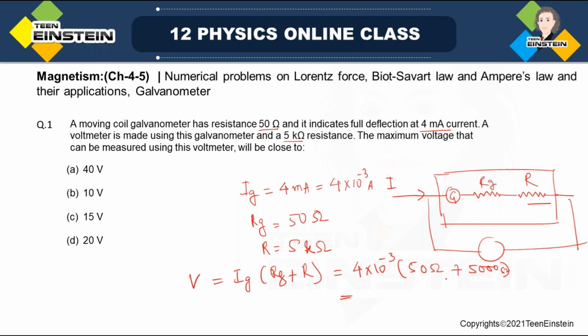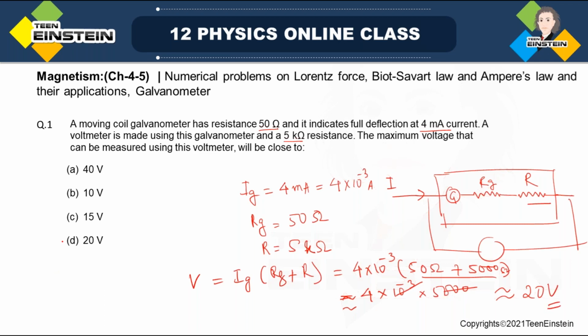So if you do that, you'll get 4 into 10 to the power minus 3, and this you can take nearly 5050, that means nearly you can take 5000 only, just for checking the approximate values. So this will be nearly equal to or close to 20 volt.